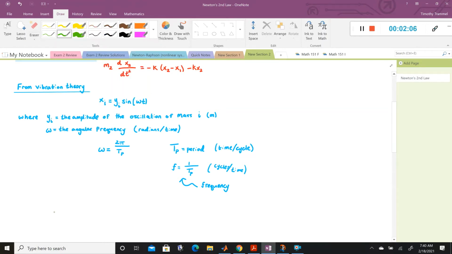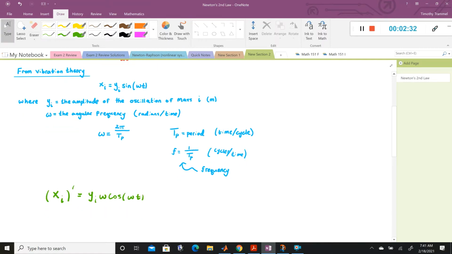So let's say we were talking about just x sub i. If we were to take the derivative, I'll put parentheses around it, we should get an omega that'll come out front, so we'll have y sub i omega cosine of omega t, and that would mean that x i double prime would be equal to minus y sub i omega squared sine of omega t.